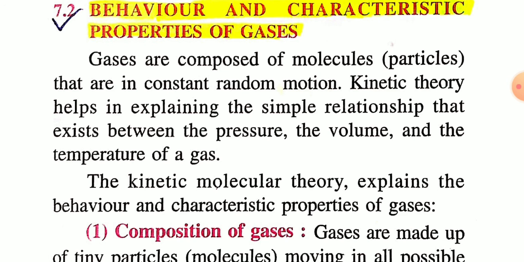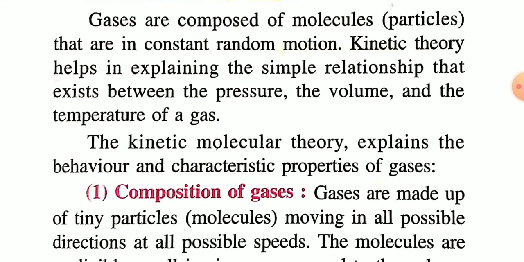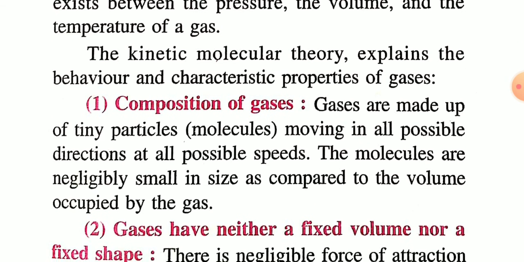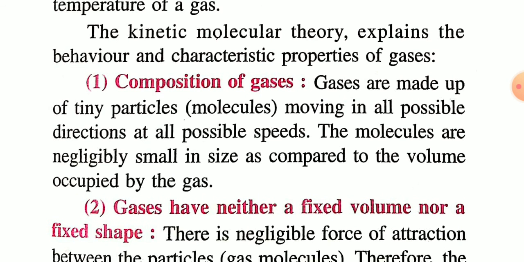Gas molecules are composed of very small particles, that is molecules, and these particles or molecules are in random motion. And the kinetic molecular theory of gases explains the different behaviors and characteristic properties of gases. So using kinetic molecular theory you can explain different behaviors and characteristic properties of gases.